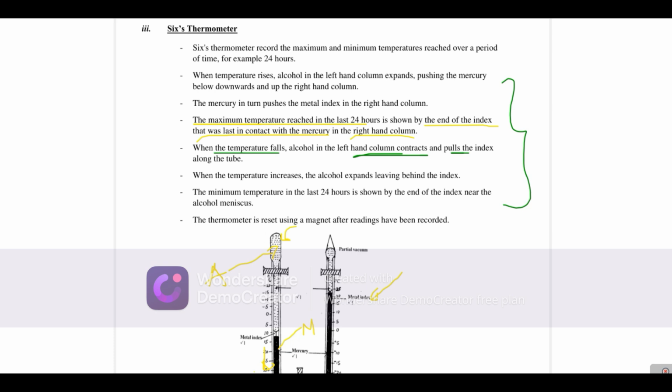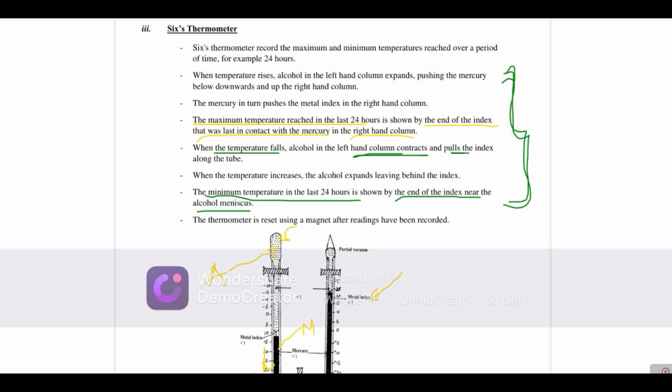The minimum temperature within the last 24 hours is shown by the end of the metal index near the alcohol meniscus. That is how the Six's thermometer works. The thermometer is reset using a magnet after readings have been recorded.